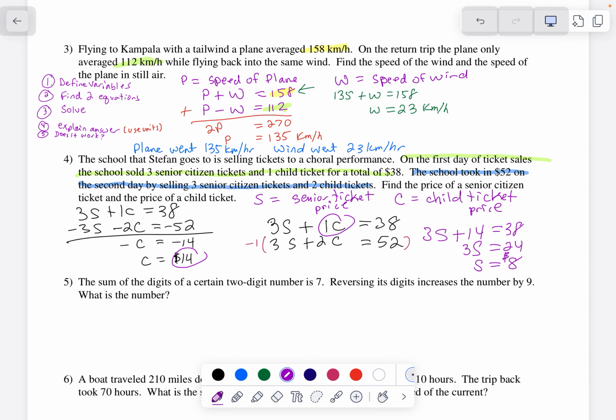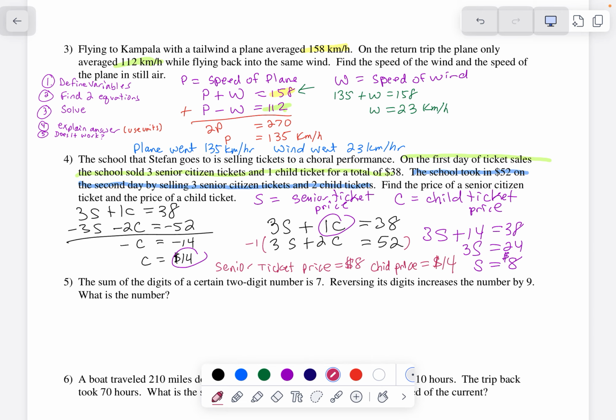Now remember our steps again. We defined our variables. We found the 2 equations. Then we solved them. Then we need to explain our answer in words. So the senior ticket price is $8. And a child ticket is $14.